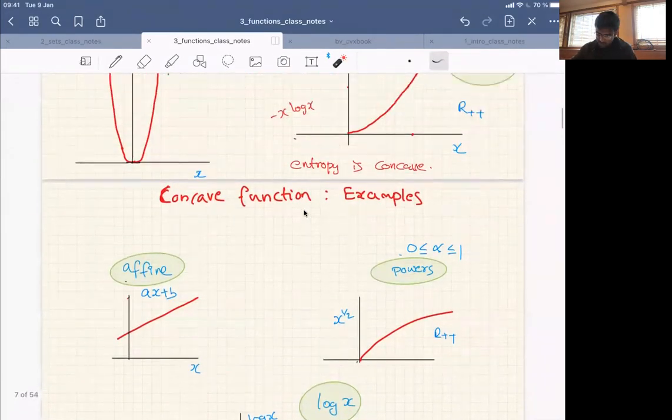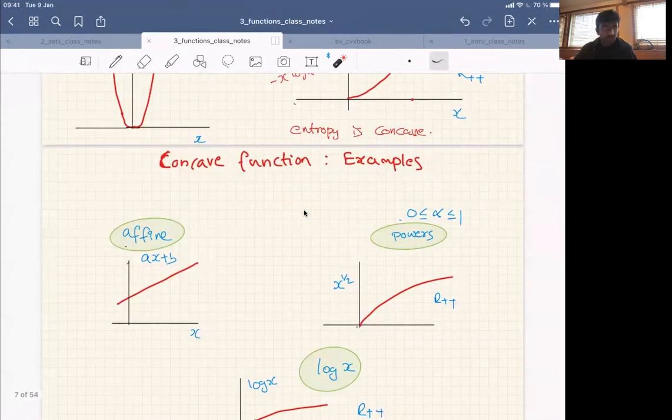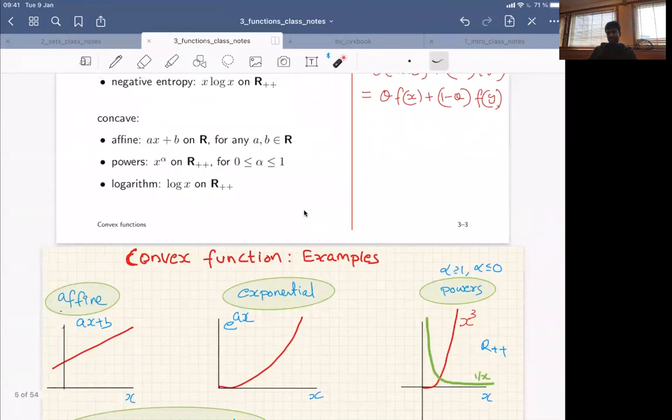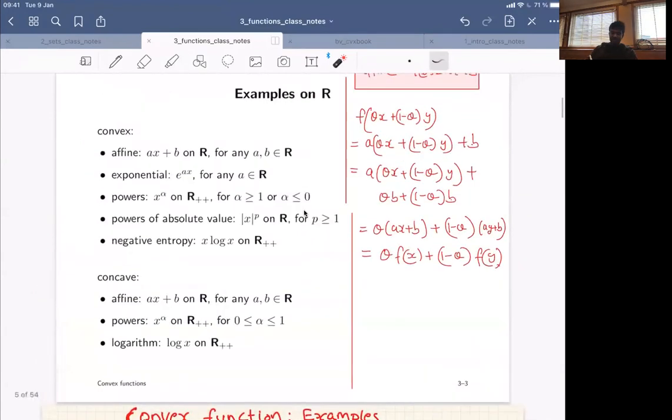So you are saying x cube in R minus minus, that will be a concave function because that will look something like this. That will be a concave function, right? So it's very easy to check whether a function is concave or convex in R because you just take MATLAB and plot and see. Or just evaluate some points and plot and see.